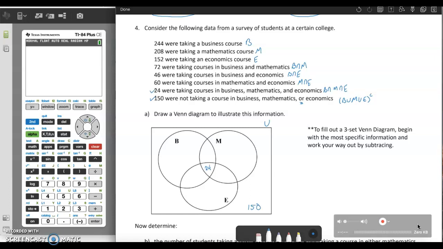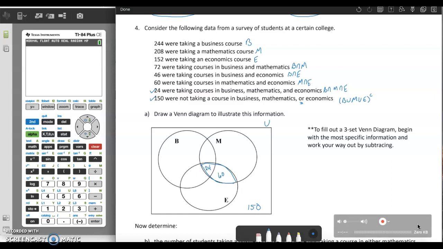And now here's where you have to be careful. It says 60 students were taking courses in math and economics. So I need to find where M and E overlap. So there's this crescent where they overlap. And what this is telling me is that 60 total students belong in there. But I can't just put a 60 here, because now I actually have 84 students in that area, right?